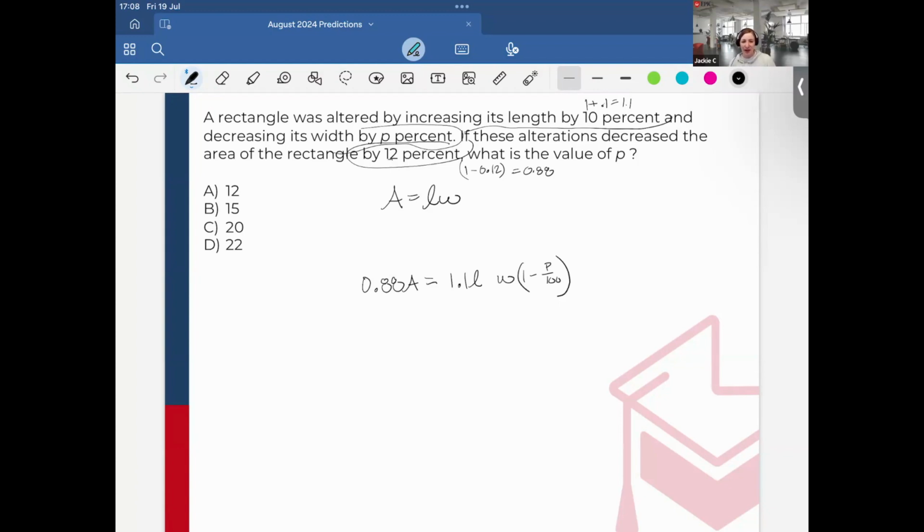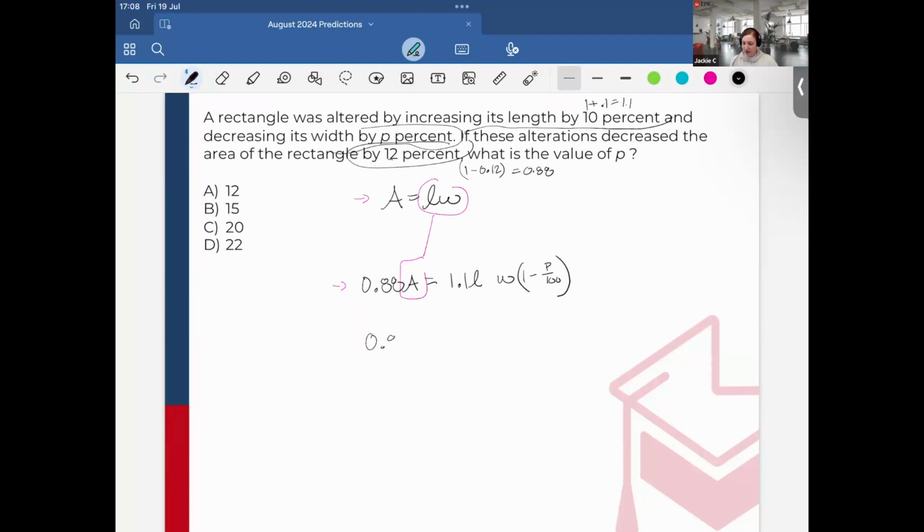And then I have to get what the value of p is. Okay, so let's see. First, I do have two equations. My original area of the rectangle, area equals length times width, and then the resulting rectangle. So first, what I can do is substitute in the LW here.